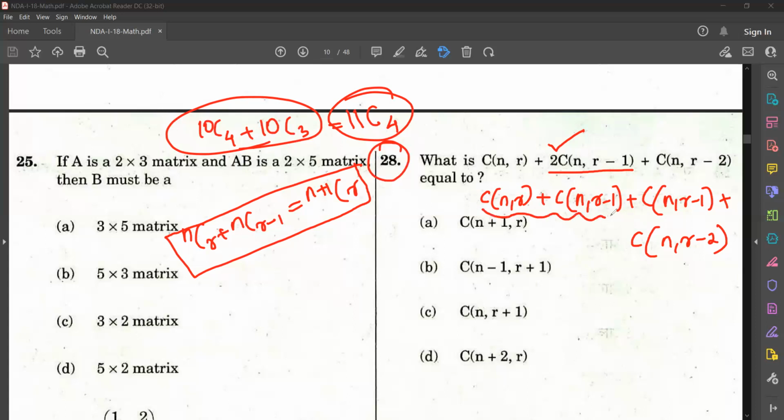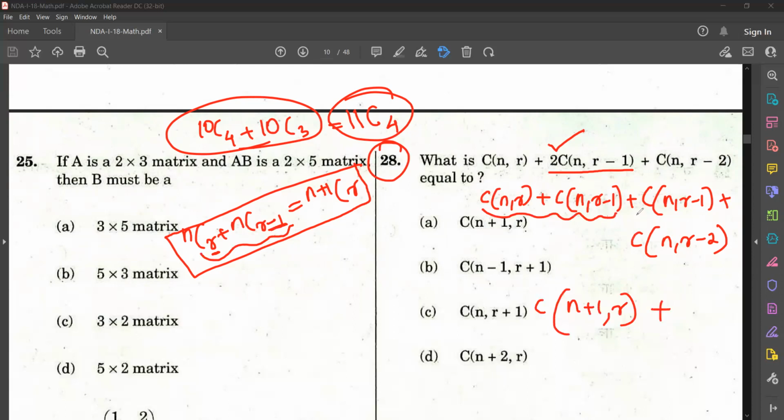Then apply this property. NCR plus NCR minus 1 is N plus 1, here R is 1 less, so we add to N. So that will become C of N plus 1 comma R, isn't it?